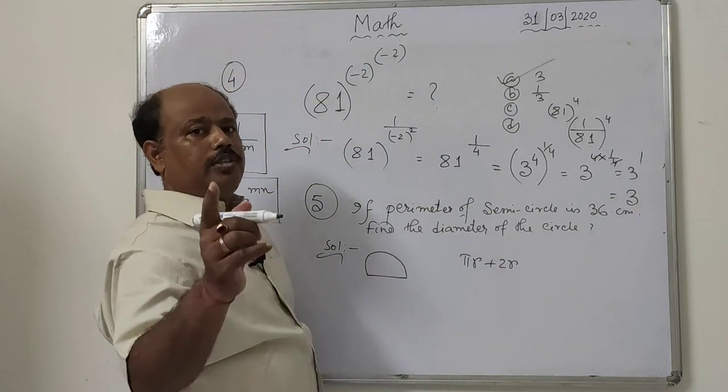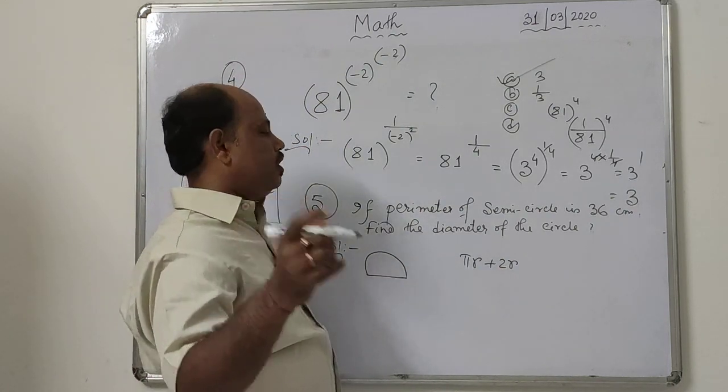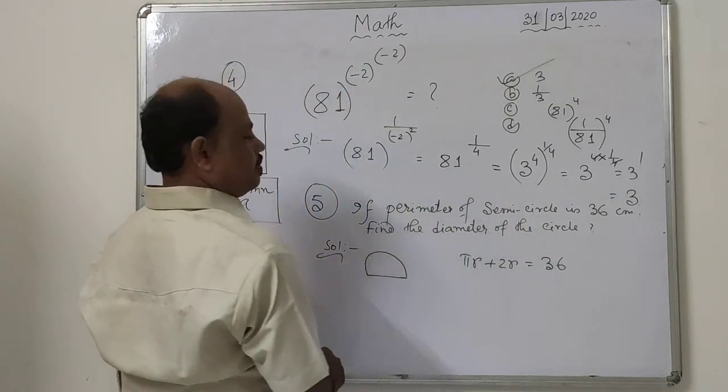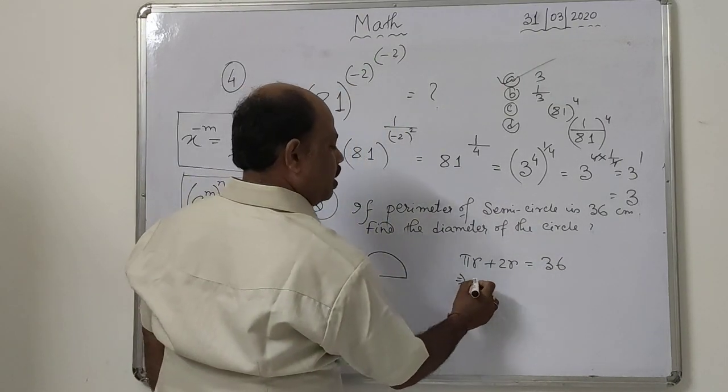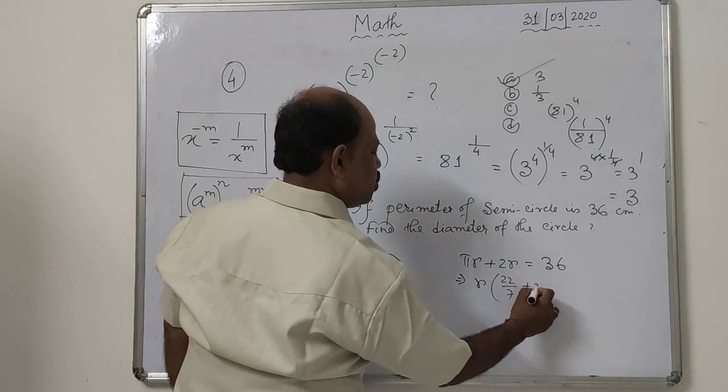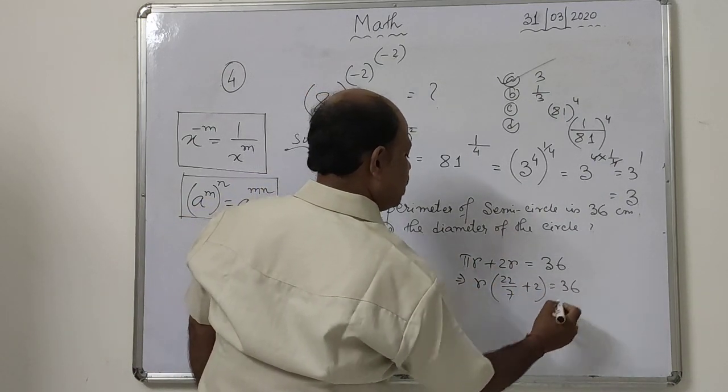Pi r plus 2r is the perimeter of the semicircle, and that given is 36. So take r common and put the value of pi as 22/7 plus 2 equals 36.